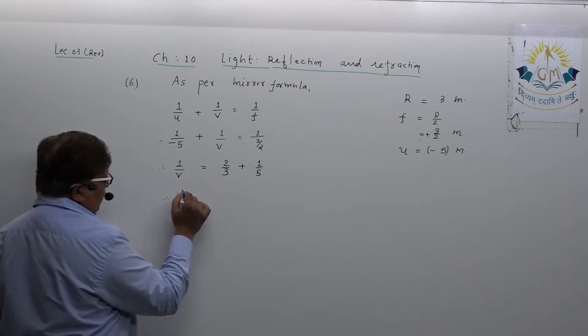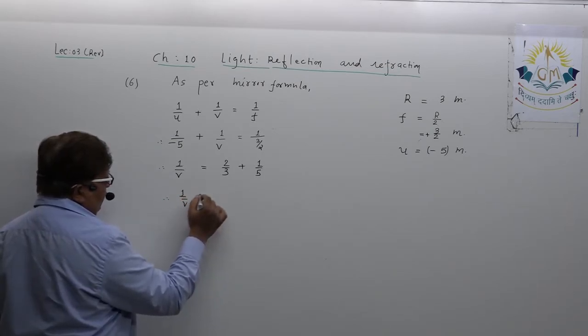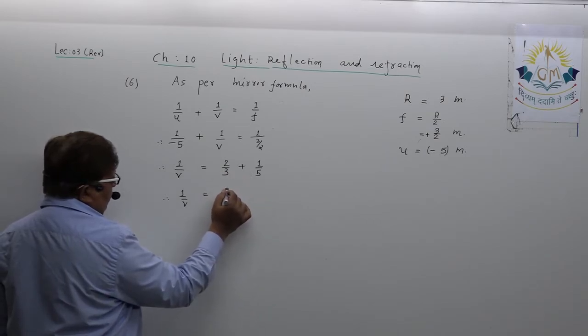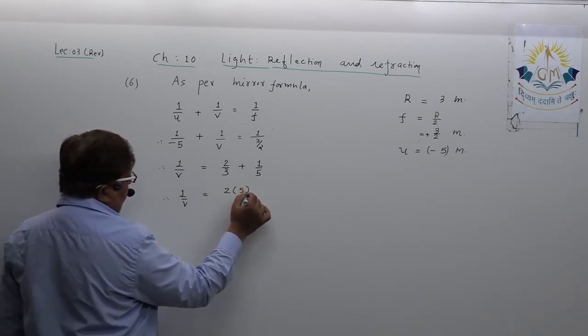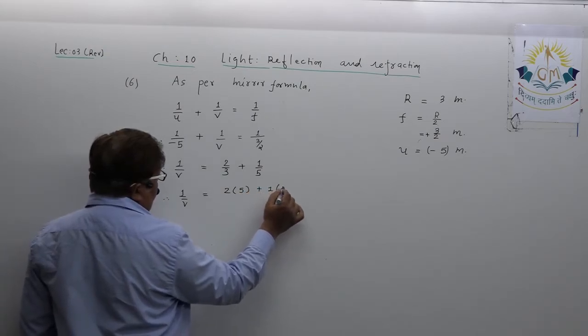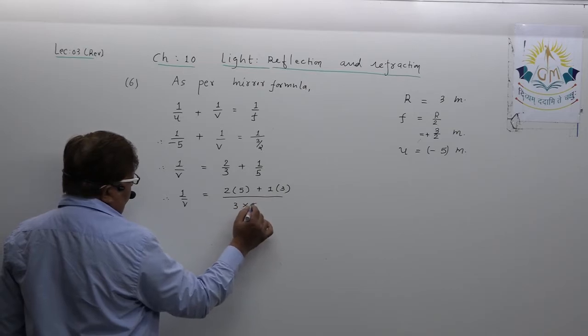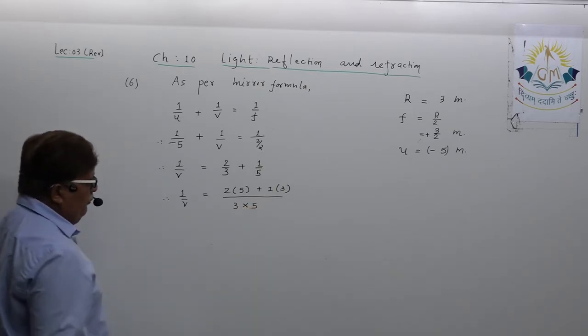Okay. Taking LCM, making it more simple: 2 into 5 plus 1 into 3 upon 3 into 5, as you know.